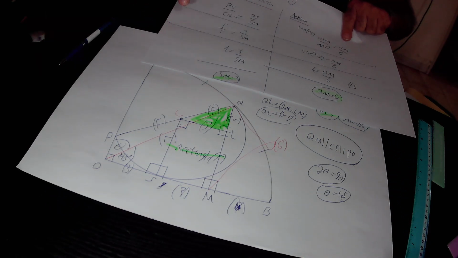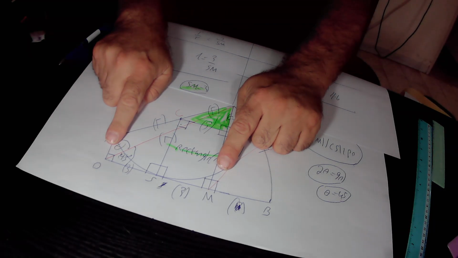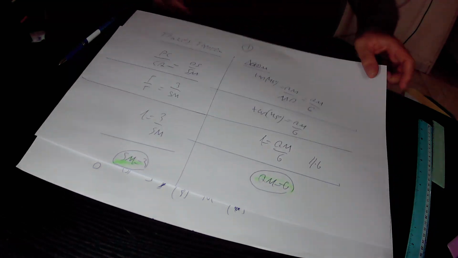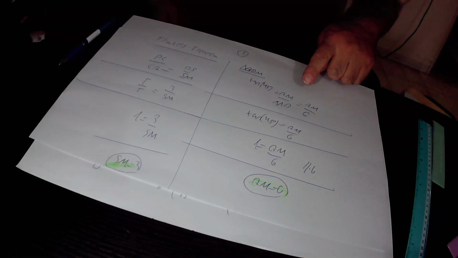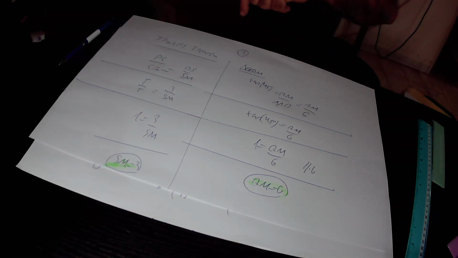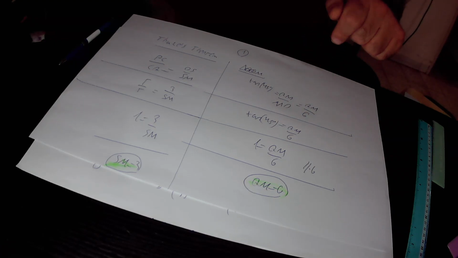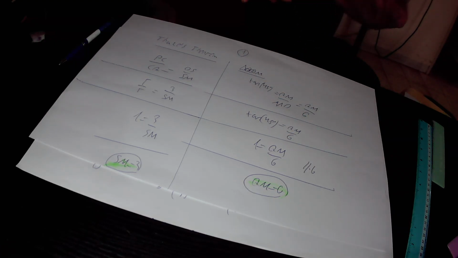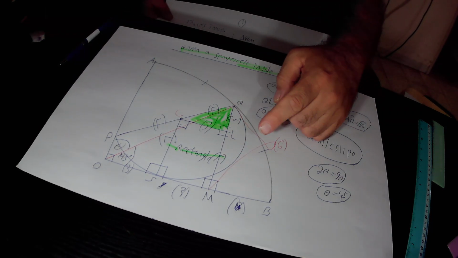QM is the missing side. Here, OM equals 3 plus 3, that is 6. So tangent 45 degrees equals QM over 6. Tangent 45 degrees is 1, so 1 equals QM over 6. If we multiply this equation by 6, we find QM equals 6 units in length. This is the answer: QM equals 6 units in length.